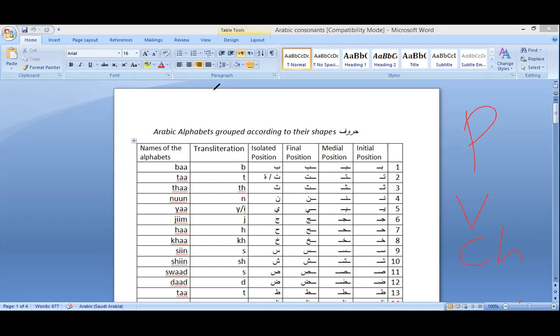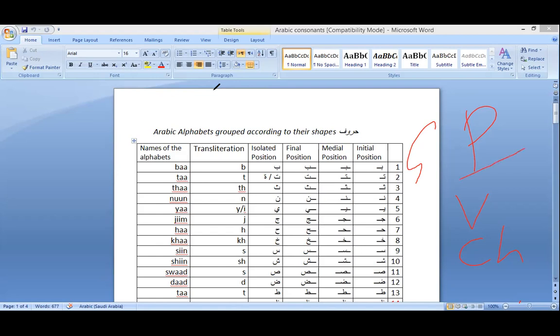There's no G in Arabic. So if your name is Gabriel, normally what they do is take it to the nearest letter that is found in Arabic.